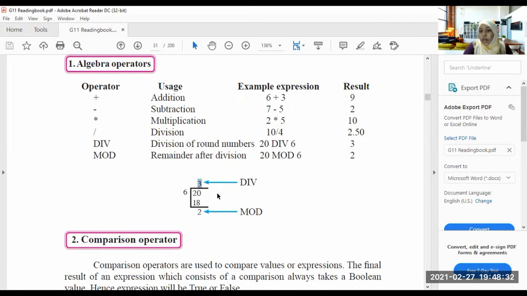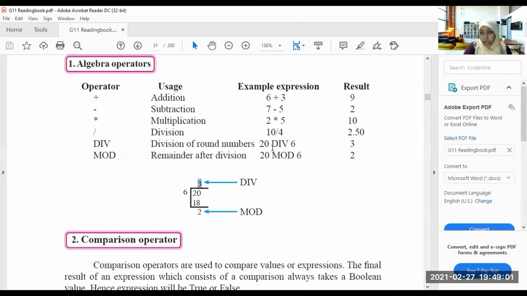Mod means the remainder. After you divide 20 by 6, there is a remainder, so the remainder is the mod. Now understood? Div is the answer of the division of round numbers. Mod means the remainder after the division. Everyone got it?